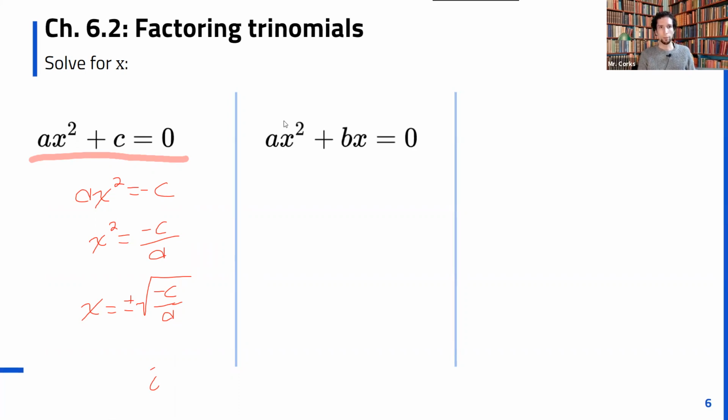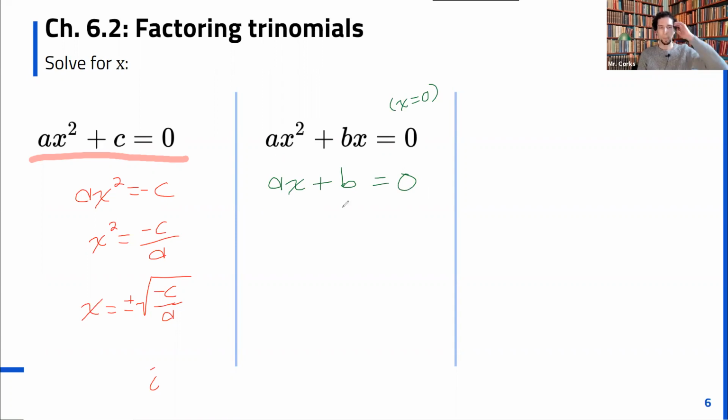What if we have something like this? How can we solve for x? You can divide both sides by x, which will give us ax plus b equals 0. Just note, by the way, x could be equal to 0. That's one of the solutions, because if x is 0, both the terms are 0.